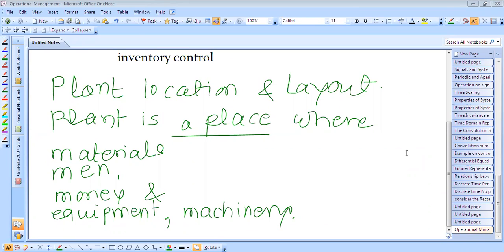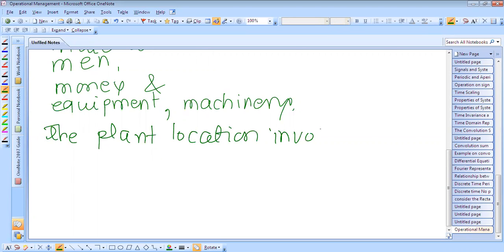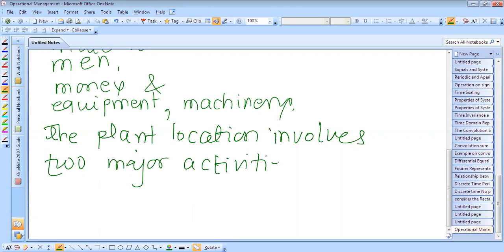Plant location involves two major activities. The first activity is to select a proper geographical region.